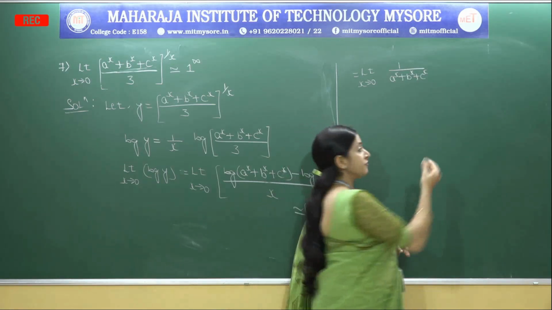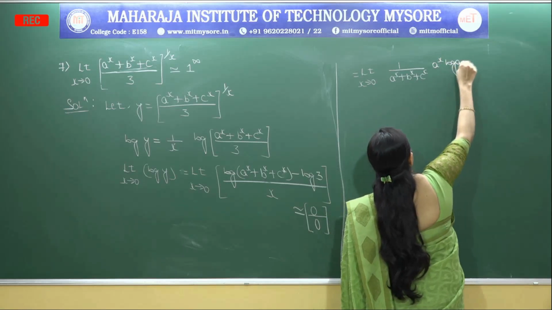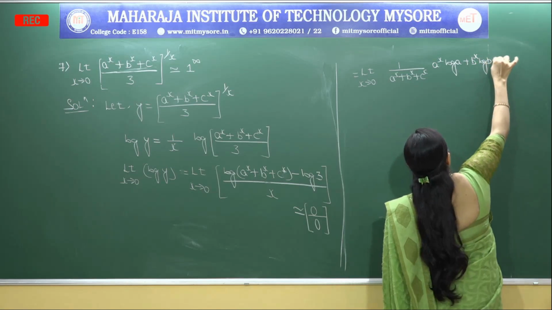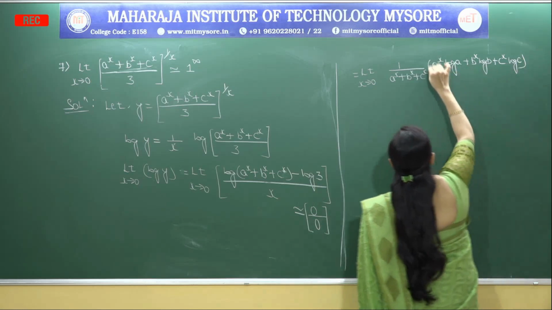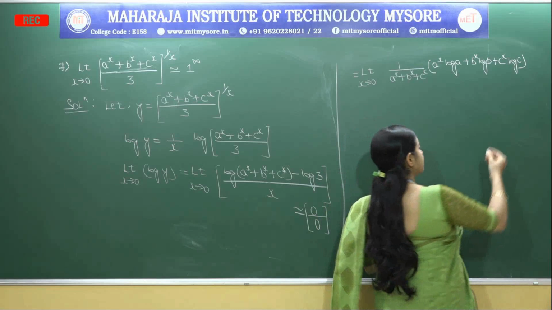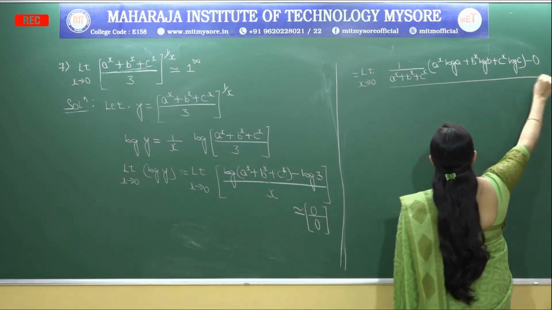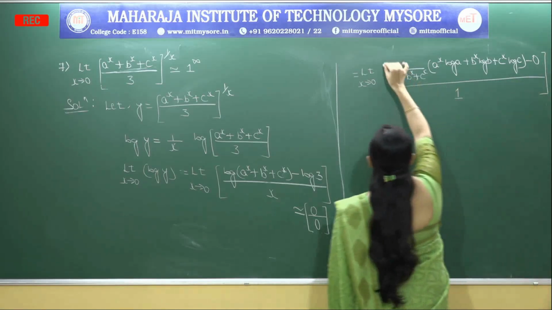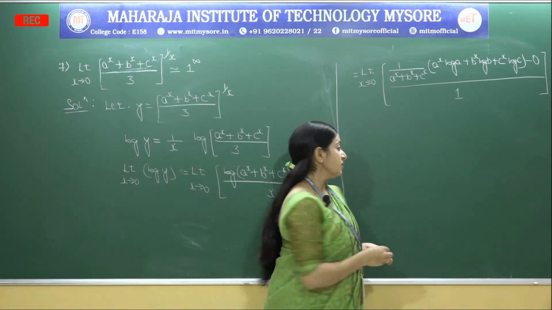Then the differentiation of a power x is a power x into log a, b power x log b, c power x log c. Minus log 3 is a constant term, so the differentiation is 0. In the denominator you have x, and the differentiation of x is 1. Then apply the limit, you will get the answer.